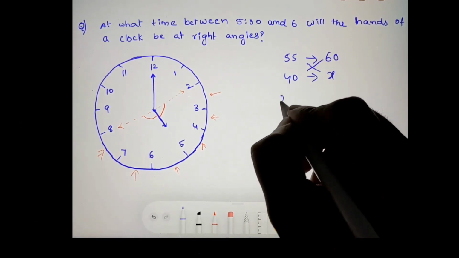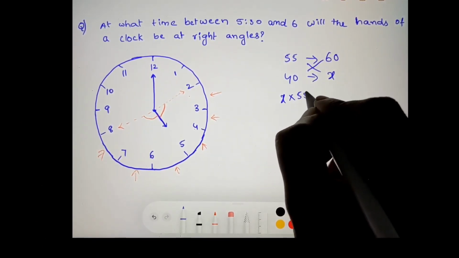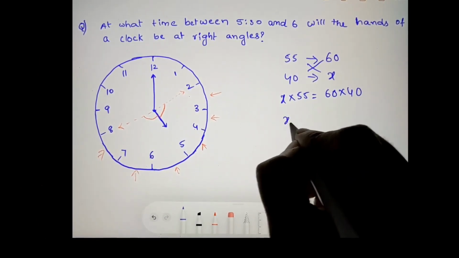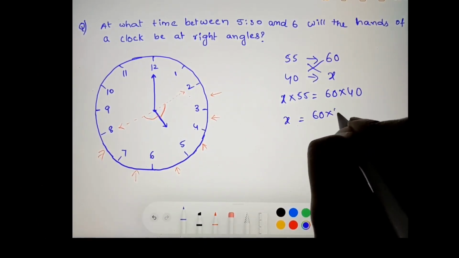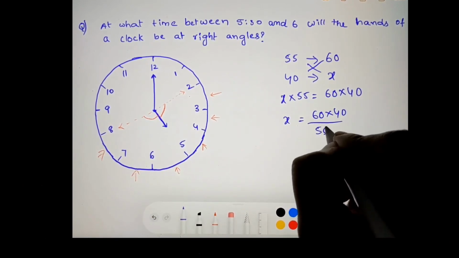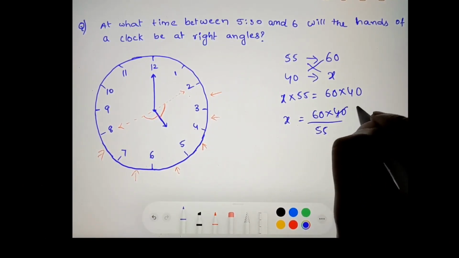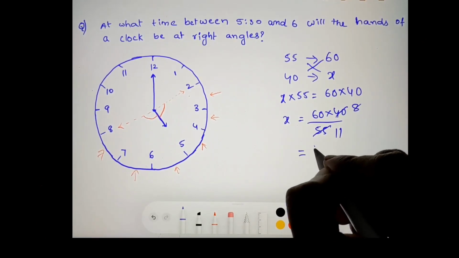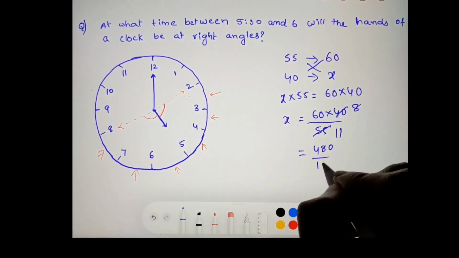Let's cross multiply. X into 55 is equal to 60 into 40. X is equal to 60 into 40 by 55. 5 8s and 5 11s. 480 by 11.